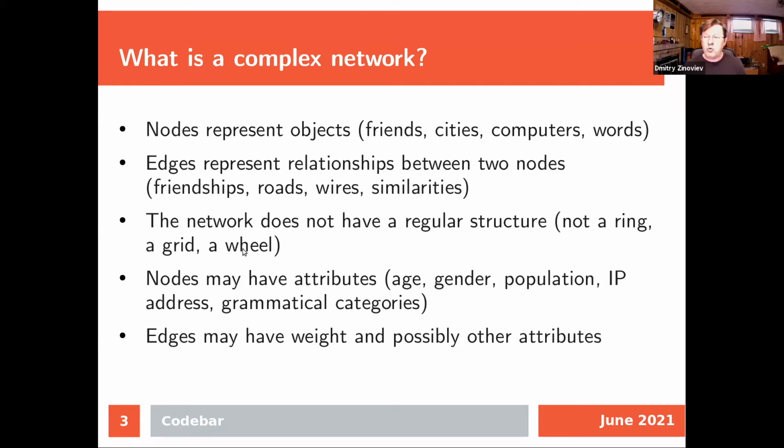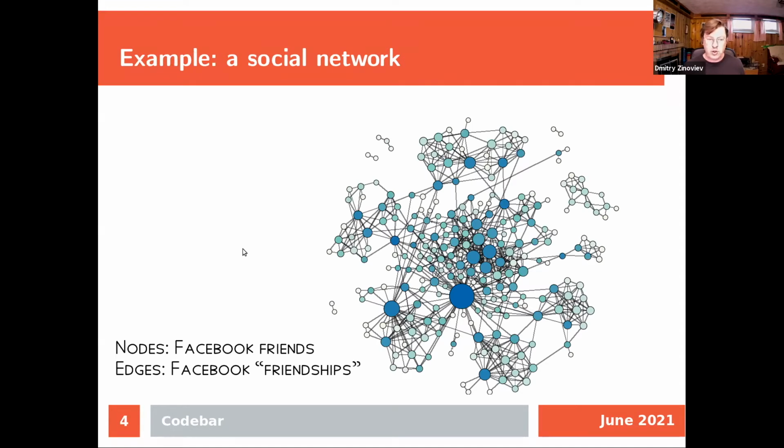So let me show you a collection of different networks represented as graphs. Here is an example of a social network. In fact, this is a network of my Facebook friends, except myself. I am implicitly present behind the screen, so to speak. These are my friends.